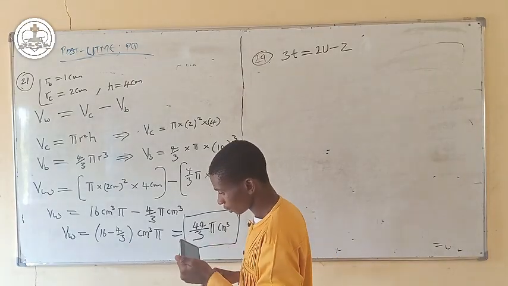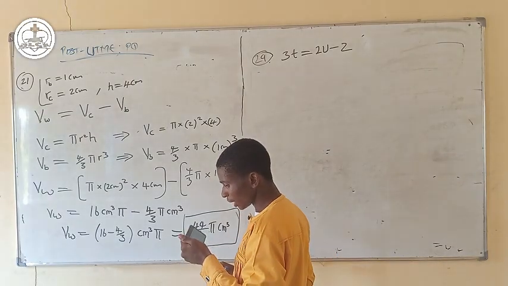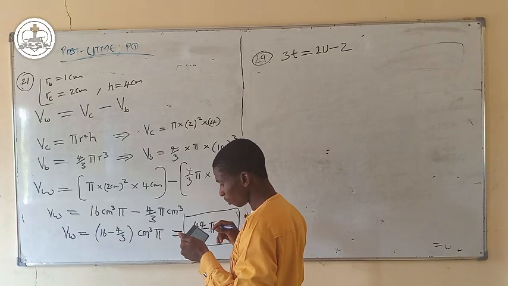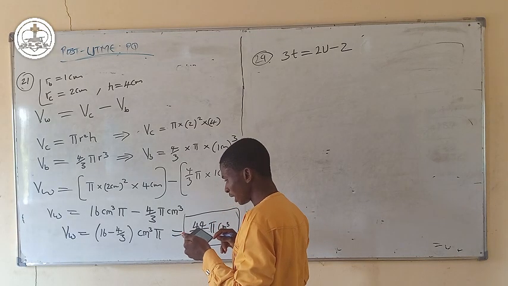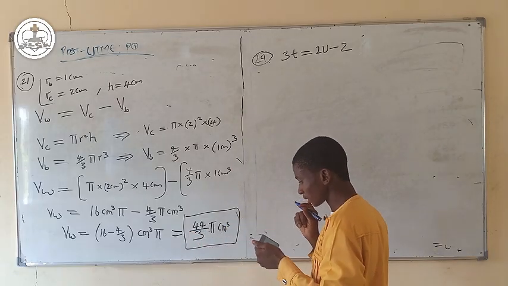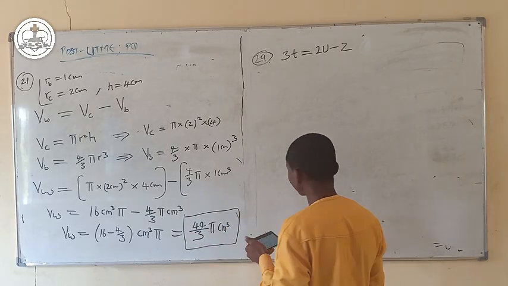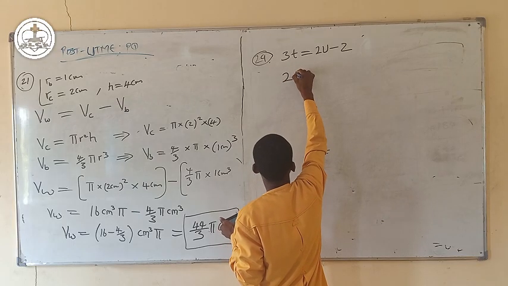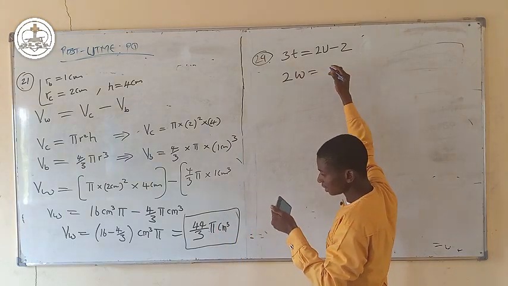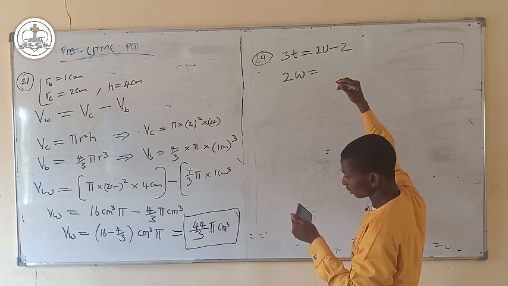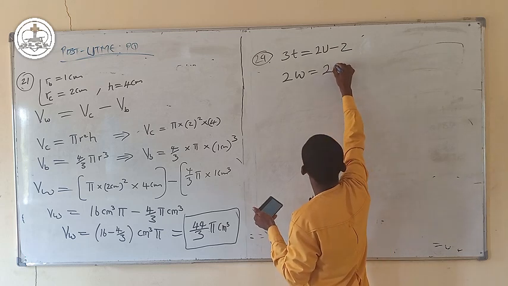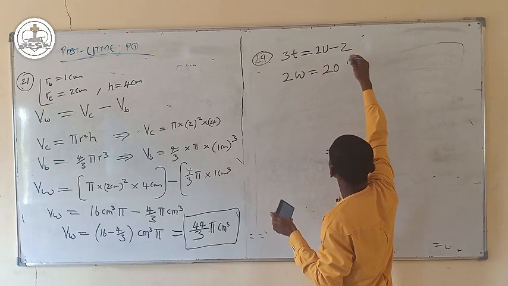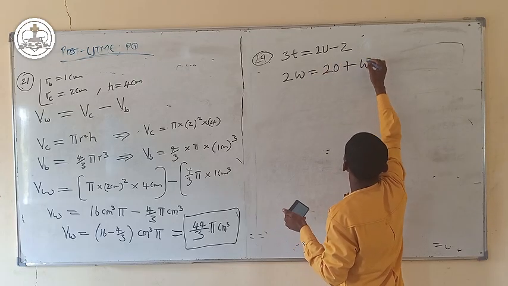They now said, and twice the number is 20 greater than the number obtained by reversing the digits. Twice the number, 2 times that number we're talking about, let me call it w, is 20 greater than the number obtained by reversing the digits. I can write it in either way, you see.